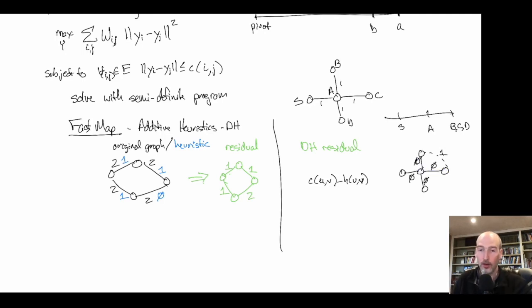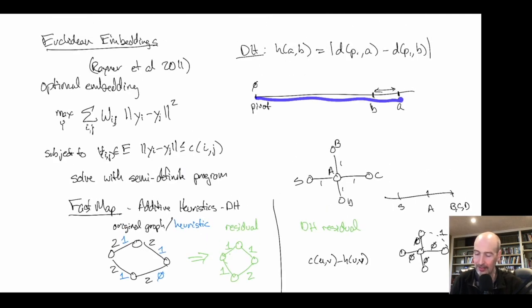Okay, so the idea here is that because the differential heuristic is basically stretching these states out as much as it can in the state space, we've lost this ability to have any residual in the state space.